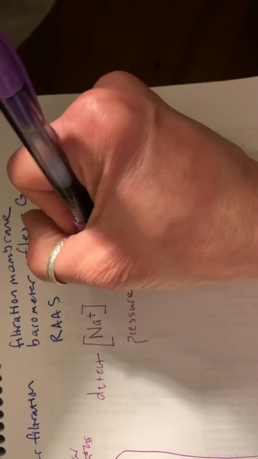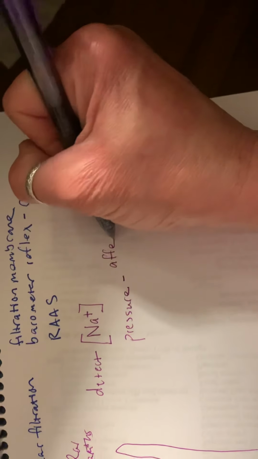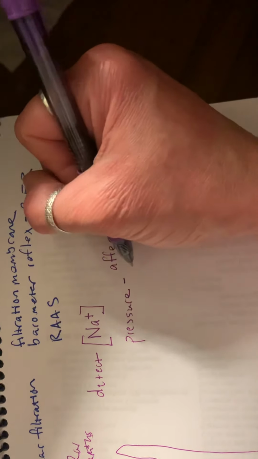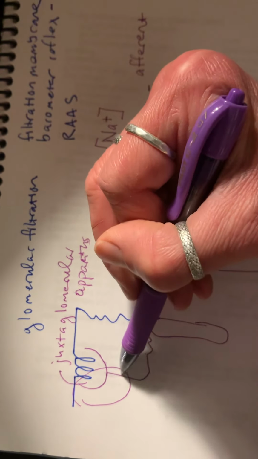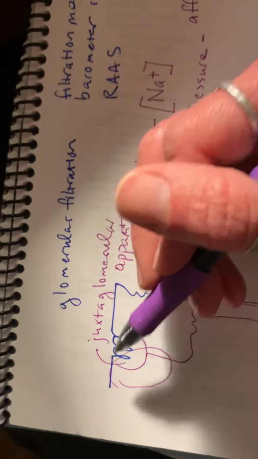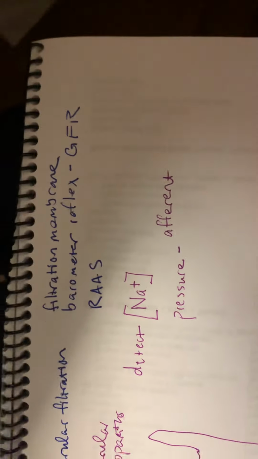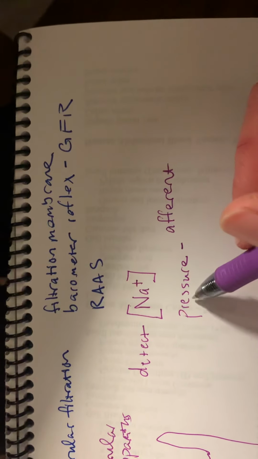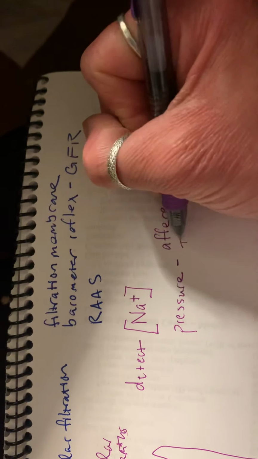And the pressure is created by the amount of blood in the afferent arteriole, as well as the amount of filtrate in our tubular pathway, because notice that the tubular pathway is also tied up in this region. So the juxtaglomerular apparatus is in a great place to pick up on sodium concentration as well as how much pressure is being exerted against it. And this is going to be a direct result of how much fluid you've got in your tubular pathway.